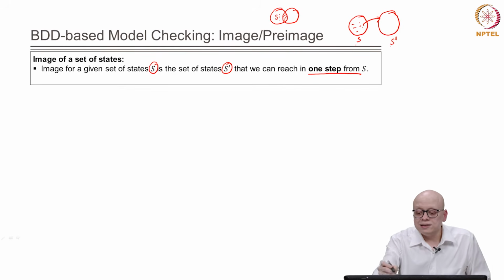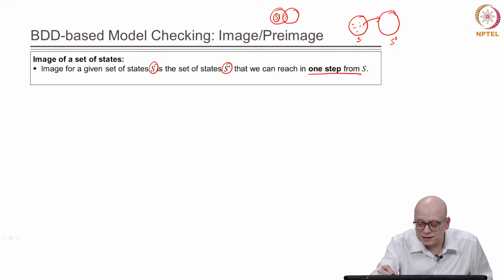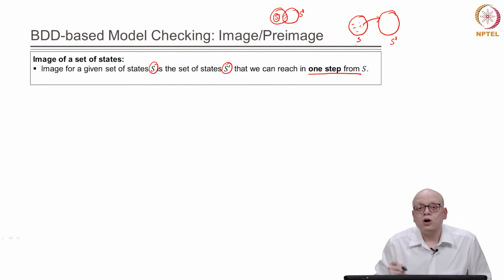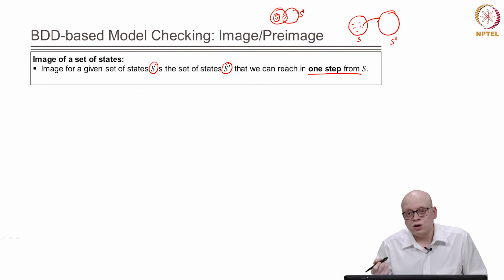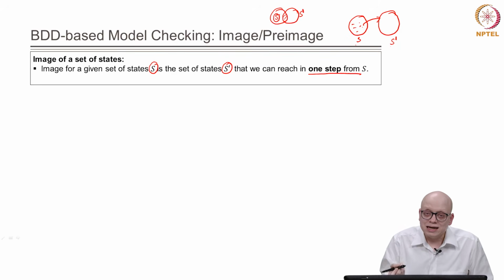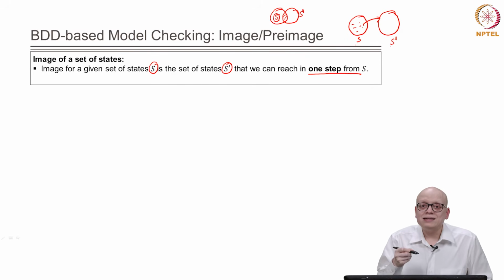S is the set of states that is given, and S dash is the image of S, meaning that the states which exist in S dash can be reached in one step from any state that is an element of S, right.